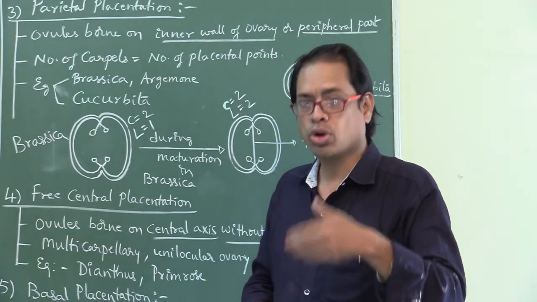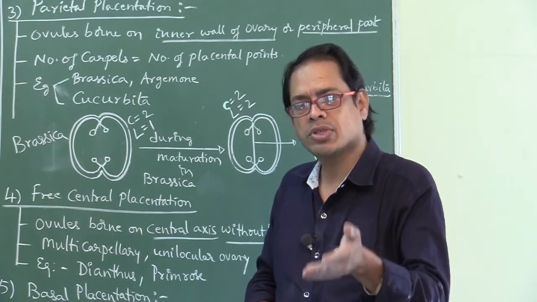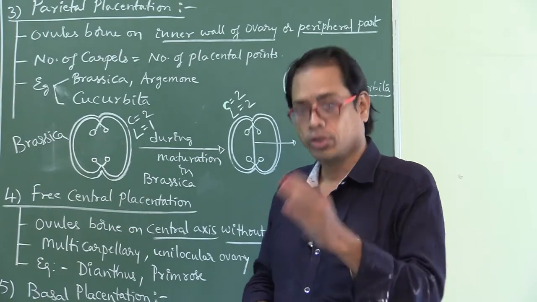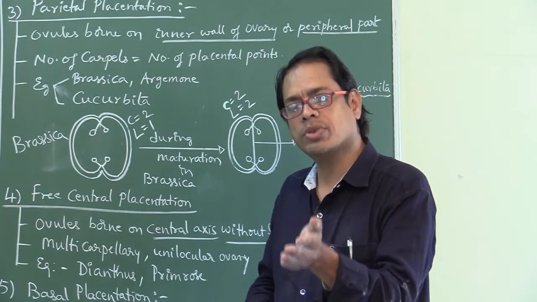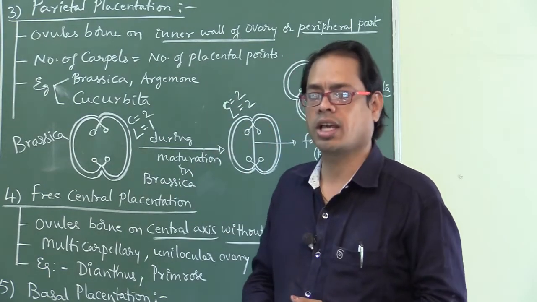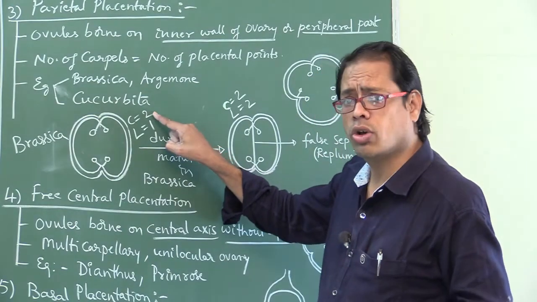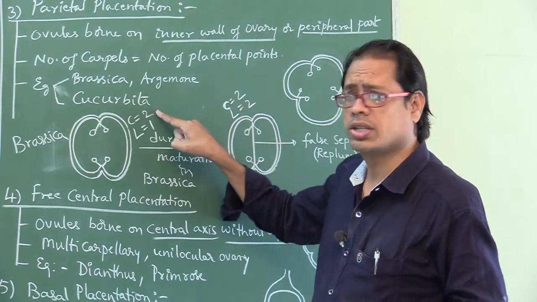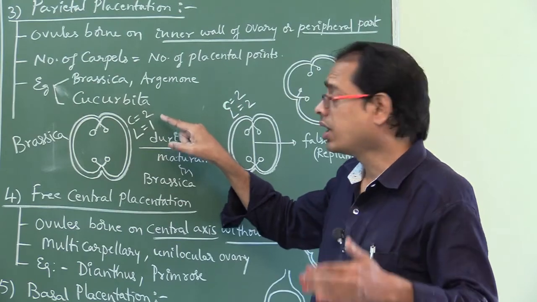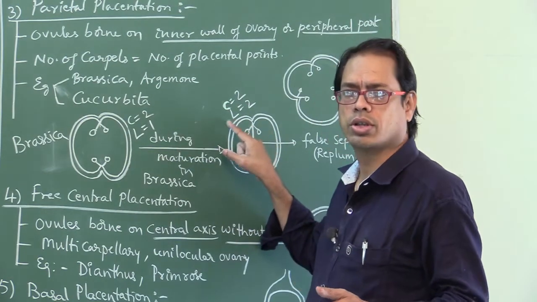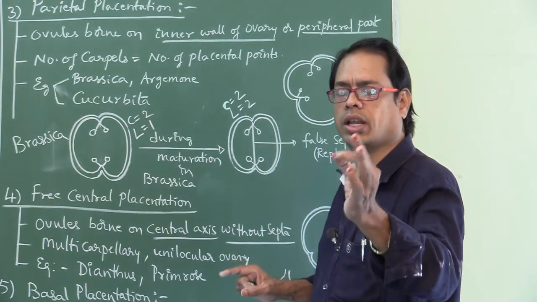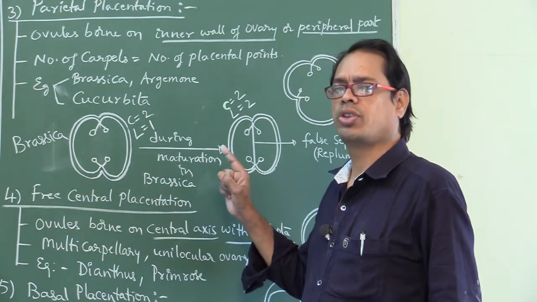False. Monocarpellary becomes bicarpellary? No. Unilocular ovary becomes bilocular, that is correct. There is no change in the number of carpels. There will be a change in the number of locules. False septum is found in Brassica or Argemone.